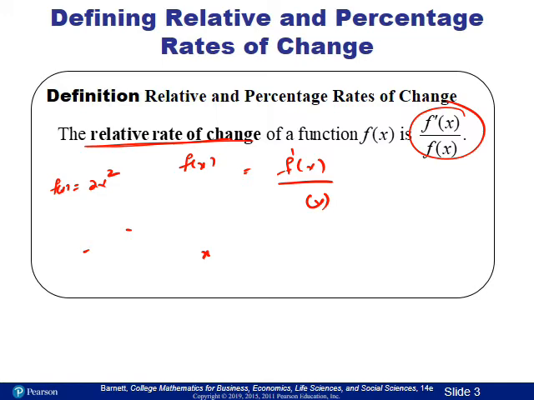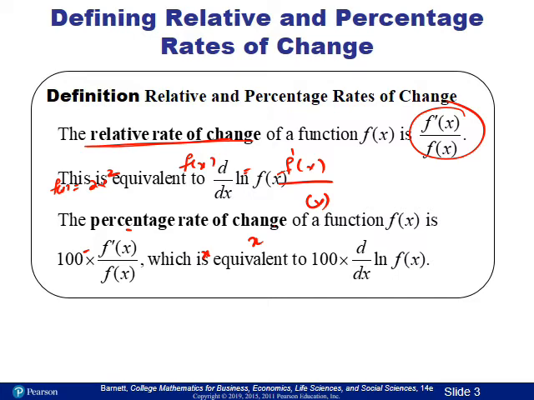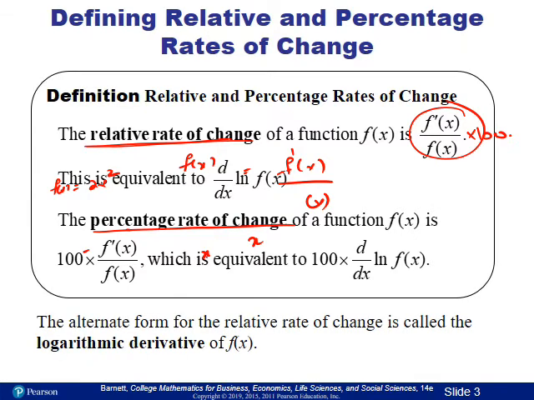You can simplify it, so it is 2 by x. For the percentage rate of change, you can simply multiply this formula with 100. You can get percentage rate of change.